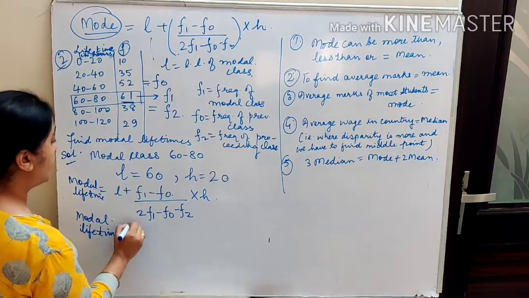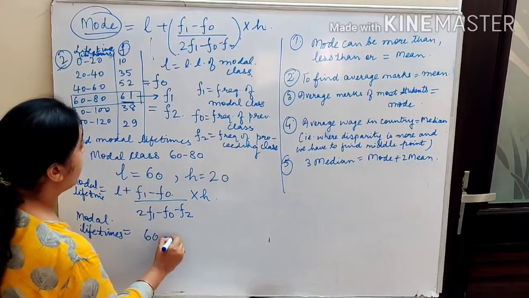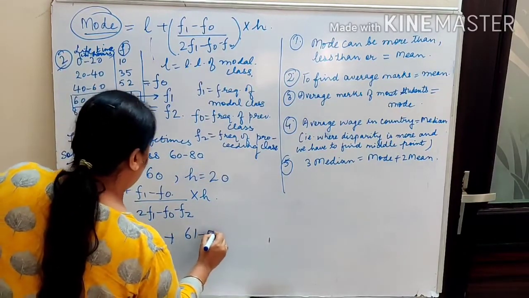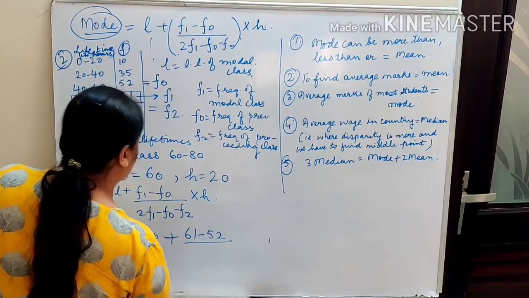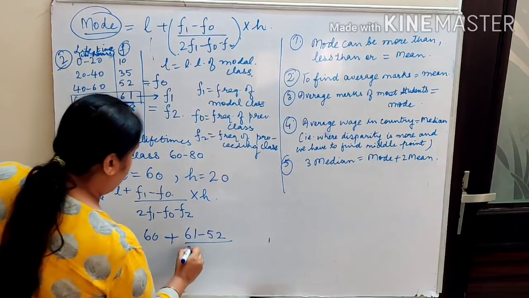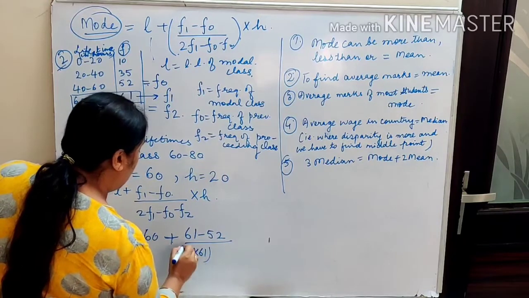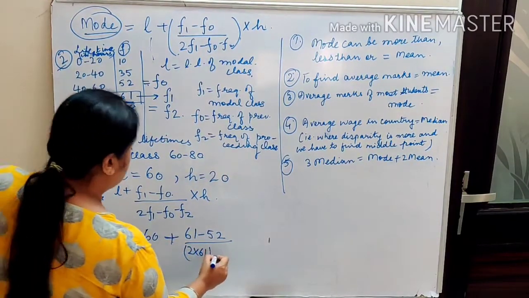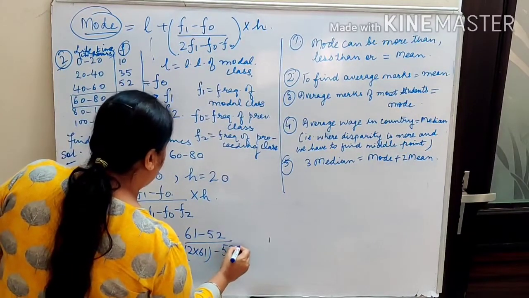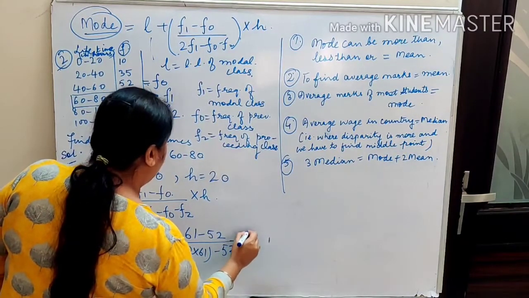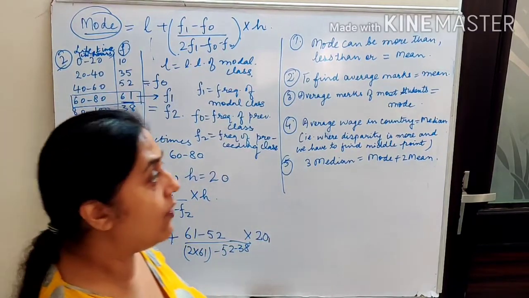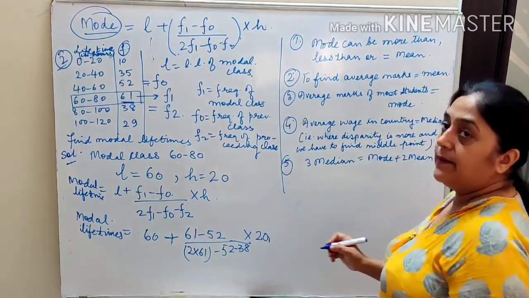So L was 60. F1 is 61, F0 is 52, so that is 61 minus 52. 2F1 is 2 into 61. Put a bracket, otherwise you will make a calculation mistake. This is minus 52 minus 38, into H. H is 20.